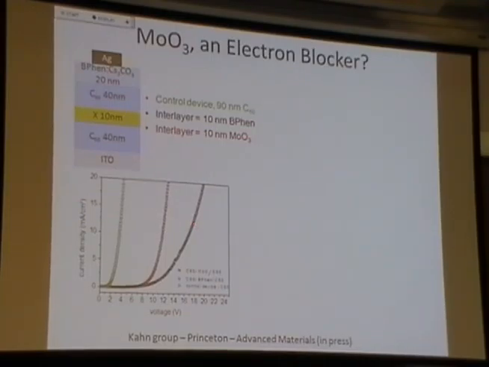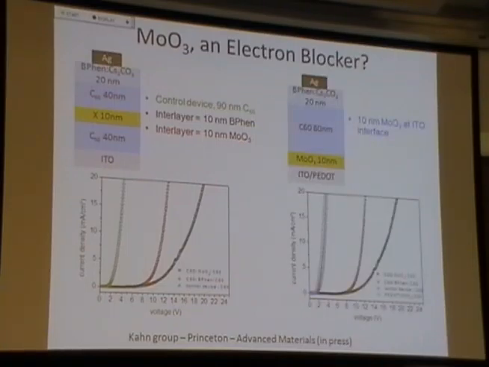When we put the molly oxide in, we see a significant shift in the relative turn-on voltage. So we've got a barrier when we try to inject electrons. At some potential we overcome the barrier, and then you see the general ohmic-like contact. And with this BFEN, we can further increase this barrier.